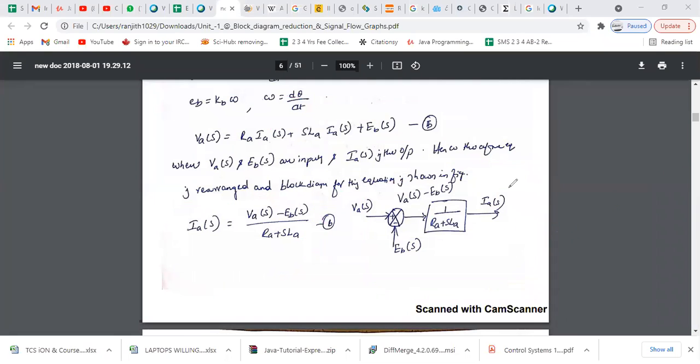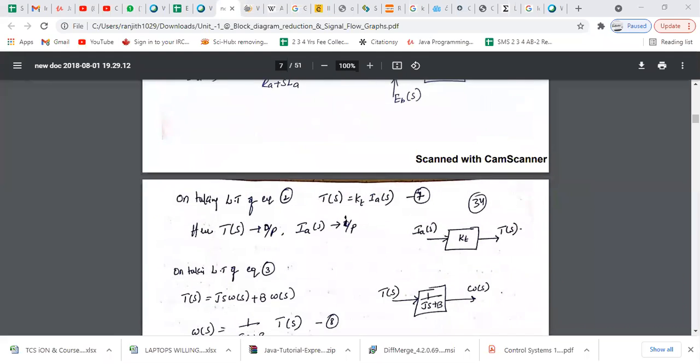Right. Now, if this is the output of this block, and we have one more block here, then for this block it is the input signal, right? So we have one more equation.